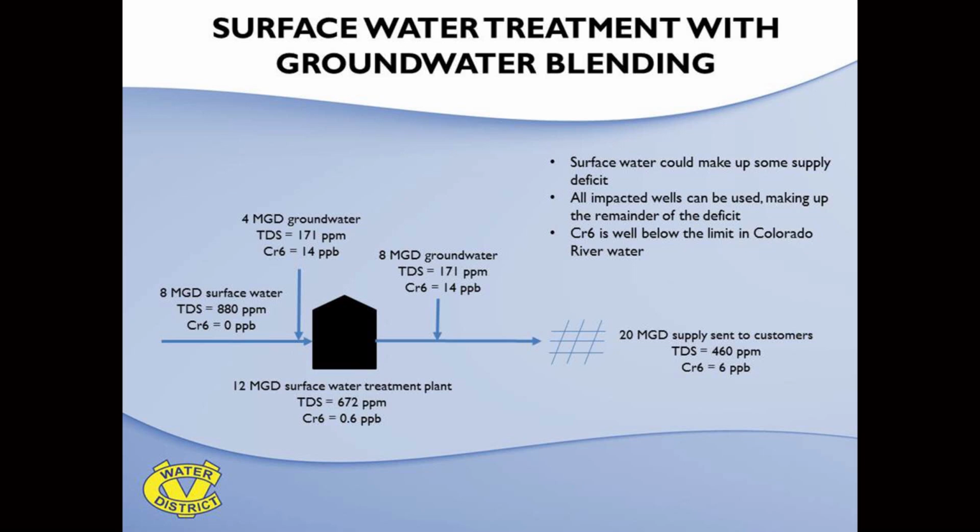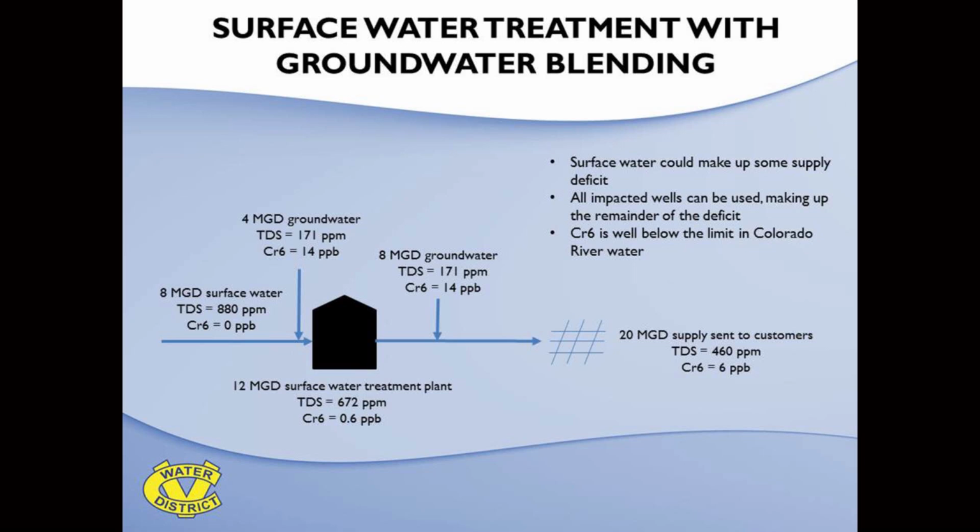So when you add those two together, you get 8 million gallons per day of surface water and 4 million gallons per day of groundwater. So the treatment plant itself is treating 12 million gallons per day. And the chromium at the end of that treatment process will be reduced down to 0.6 parts per billion.